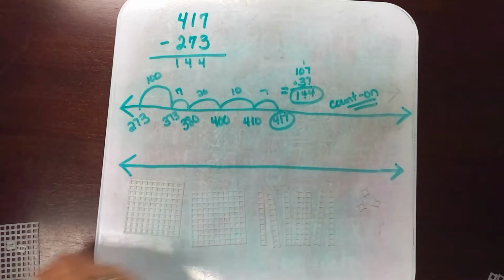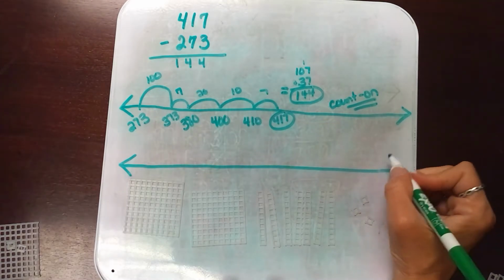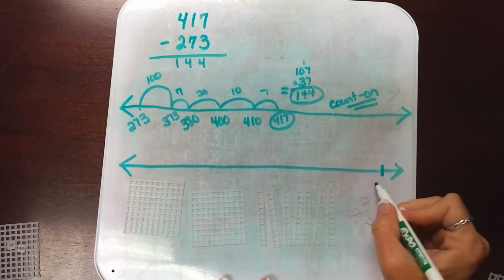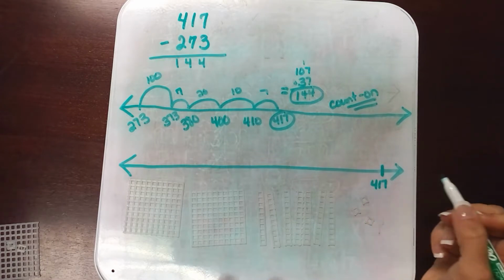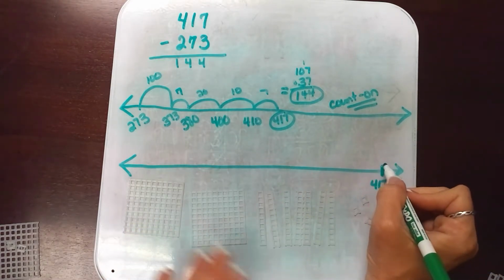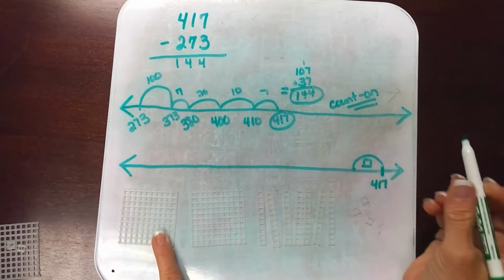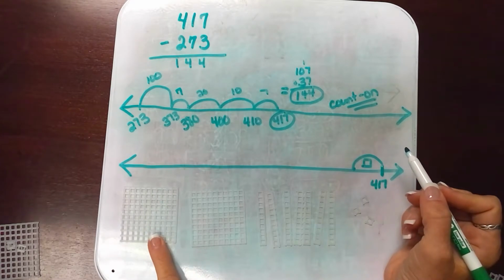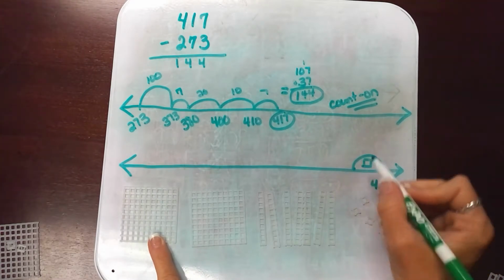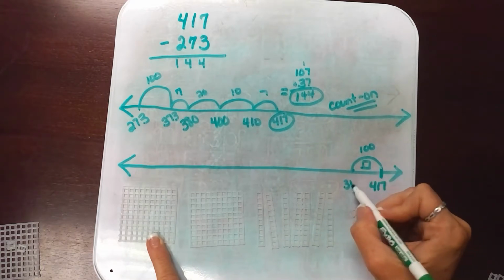Like this. Okay. So on this one I can say, all right, I'm at 417, but I need to take away this amount. So let's say I want to take away this first 100. 417 minus 100 is 317.